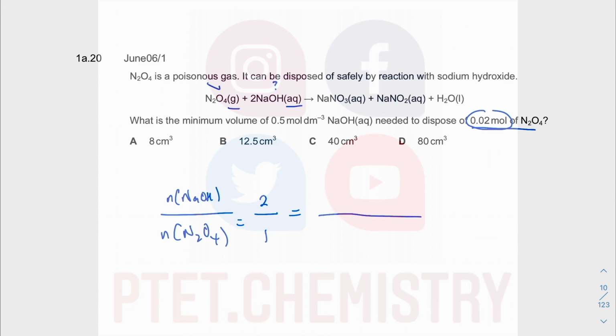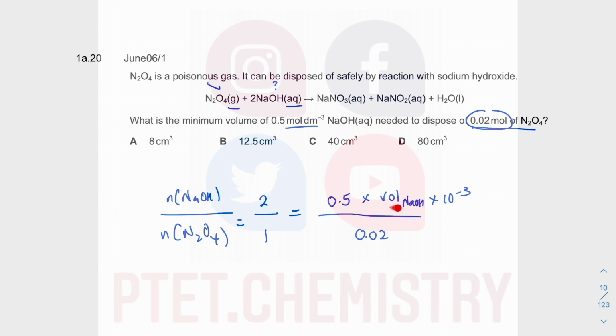On the right hand side, I'll put in the actual amount that reacted. This is from the balanced equation, and this side will be for the actual amount. All right. So 0.02 mole of the N2O4 actually reacted, and this is 0.5 mole per dm cube, and therefore you will multiply by the volume of NaOH times 10 to the minus 3, because you want to convert that into dm cube, because each of these is given as cm cube.